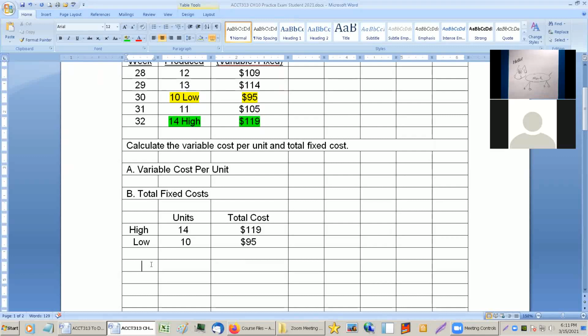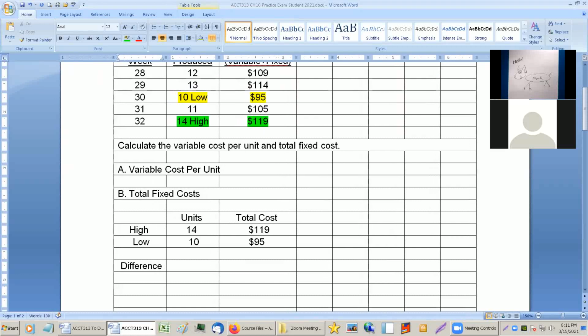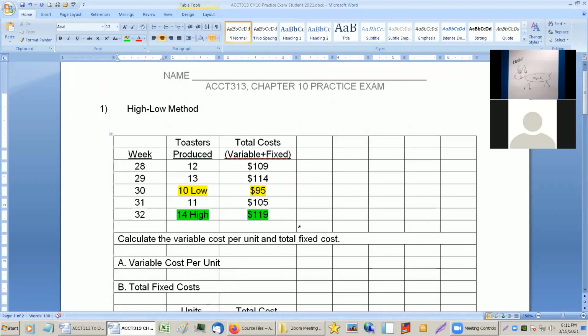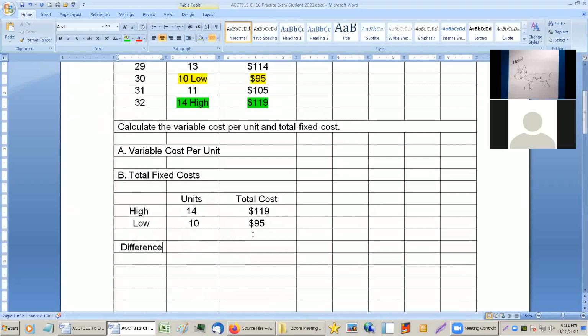We're going to take the difference between those two. These aren't lining up. How come you guys aren't lining up? That's kind of weird. Okay, so we're going to take the difference between these two. We're going to subtract them.